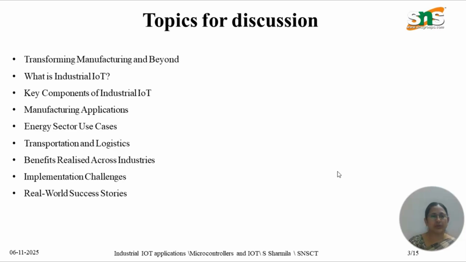In that, we cover what industrial IoT is and its key components, manufacturing applications, energy sector use cases in IIoT, transportation and logistics, benefits realized across industries, implementation challenges and real-world success stories of IIoT.